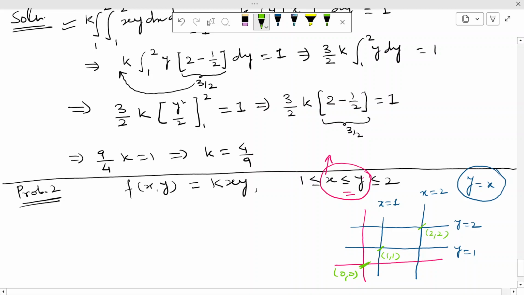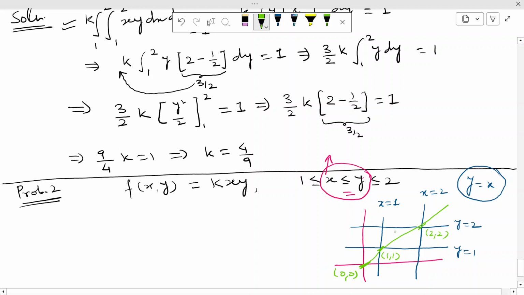Now the line y equals x passes through these points, and because x and y both lie between 1 and 2, we don't need to extend it towards the third quadrant.